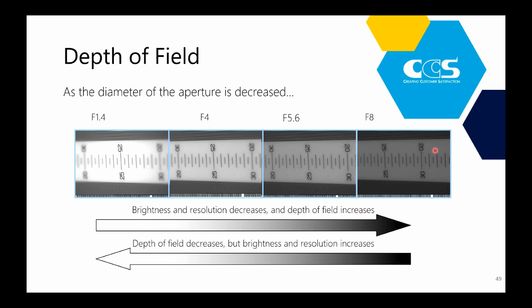So you can see I won't have as clear of an image, but all of these lines are in focus, versus when I have a very open aperture, I have a lot more intensity and a crisper image, but I only have maybe 3 or 4 lines that are really in focus. So this is where you find the happy balance for your application. How open is your aperture versus how much height is there in your sample that you need more depth of field? You trade off how open your aperture is.